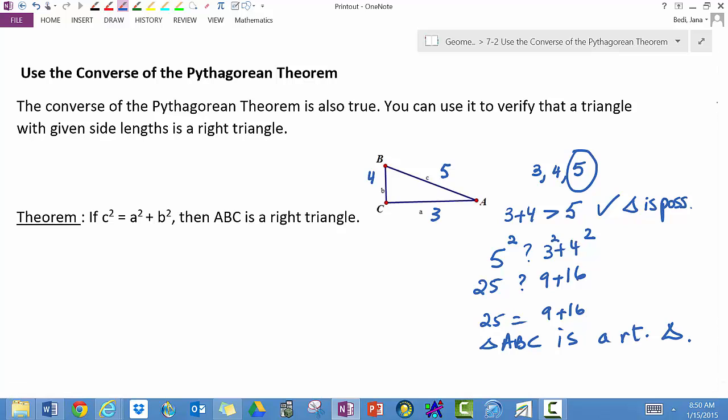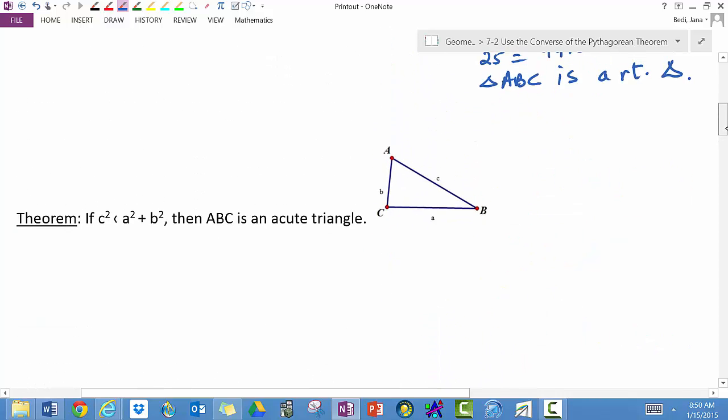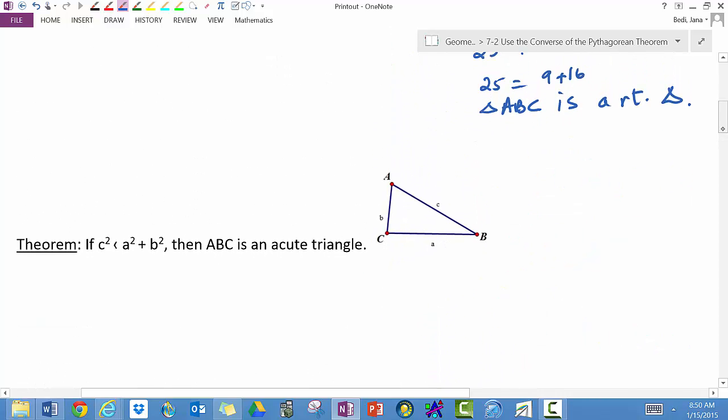Okay, we can extend this logic a little further to determine if a triangle is acute or obtuse. So let's say you are given a triangle where you've got 1.7, 3.2, and 4.